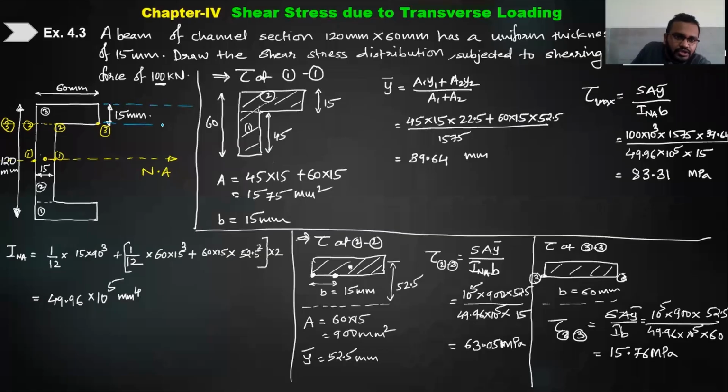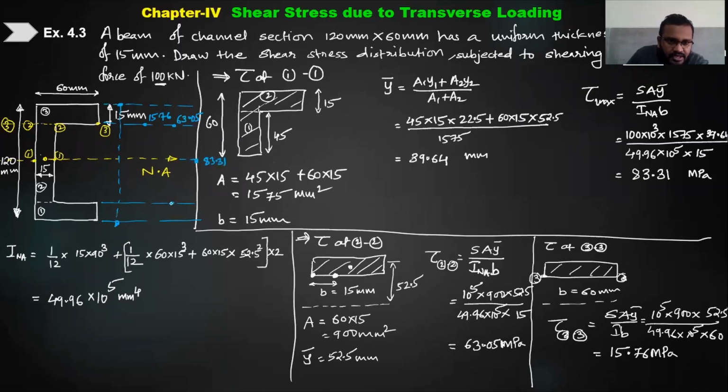Now can you draw the shear stress distribution for this? How will you draw it? See, I am drawing the shear distribution here. This is my zero line. I know it is zero at the top and bottom. What is the value at section 33? One value is 15.76 and the other value is 63.05. Then the maximum value is 83.31.